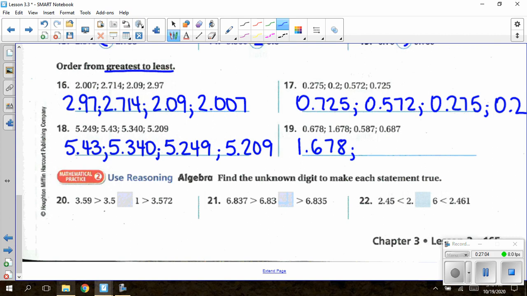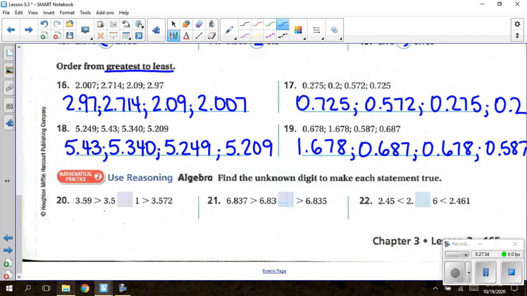Next, looking at the 3 that have zeros in the ones place, looking at their tenths, you would notice that the 6 is the greater number, so you would have to go to the hundredths, and that would then say that the 687 thousandths would come second. Then your 678 thousandths would be third, and lastly your 587 thousandths would be the smallest.